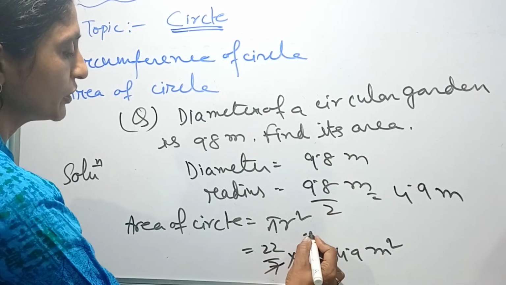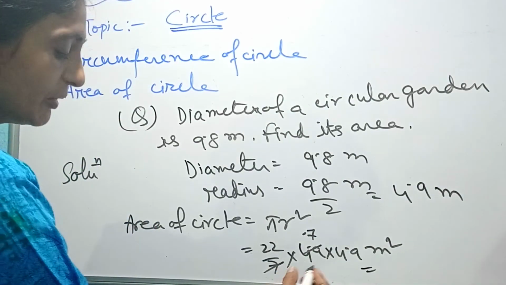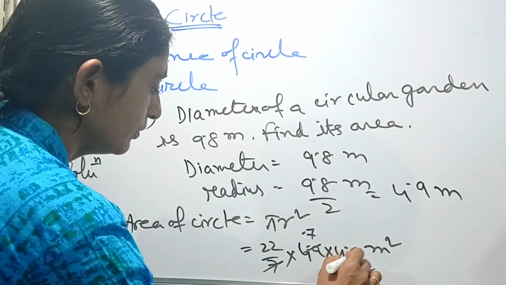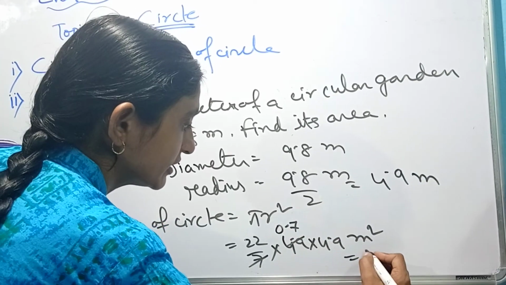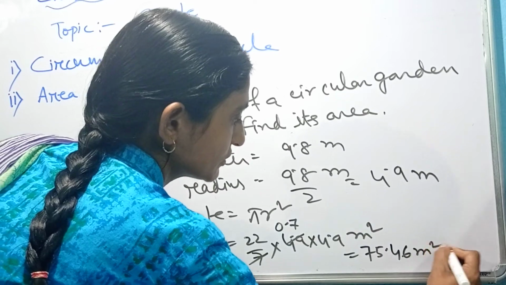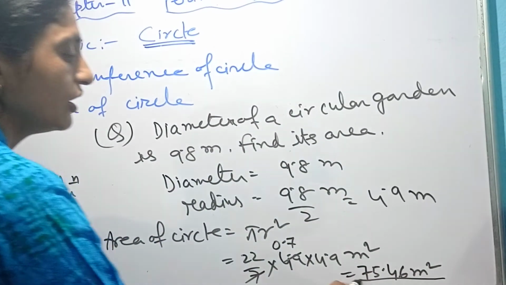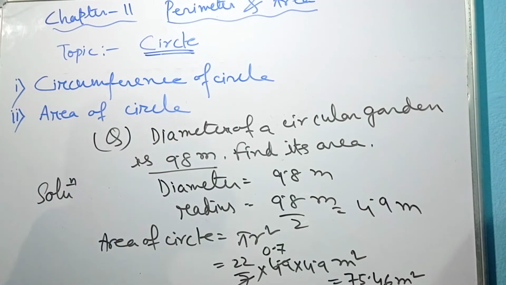We get 0.7. When we multiply, the answer will be 75.46 meter square. So this is the area of this circular garden whose diameter is given as 9.8 meter.